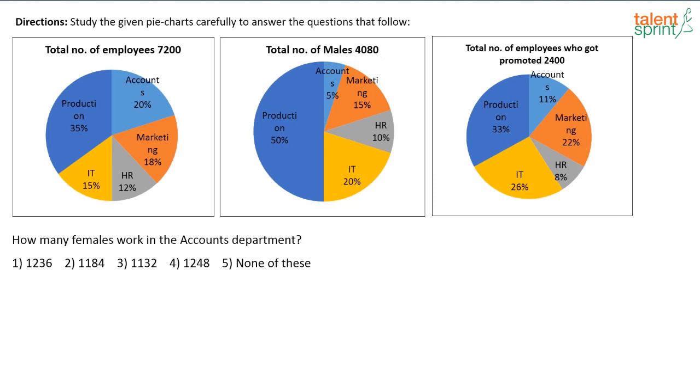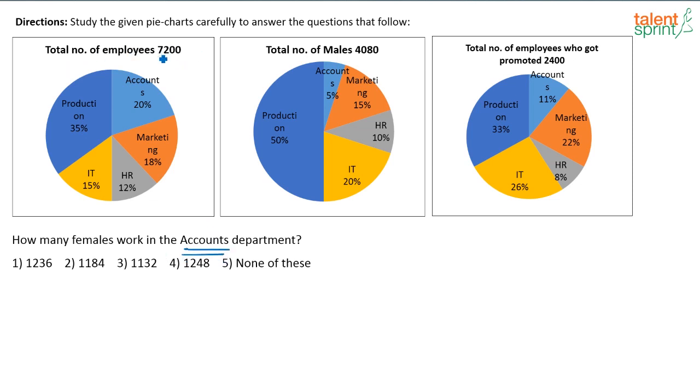First question, how many females work in the accounts department? Yes, all of you are giving me the answer as option 1, 1236. So how would you solve this? See, the total number of employees is given as 7200. We are considering the accounts department.